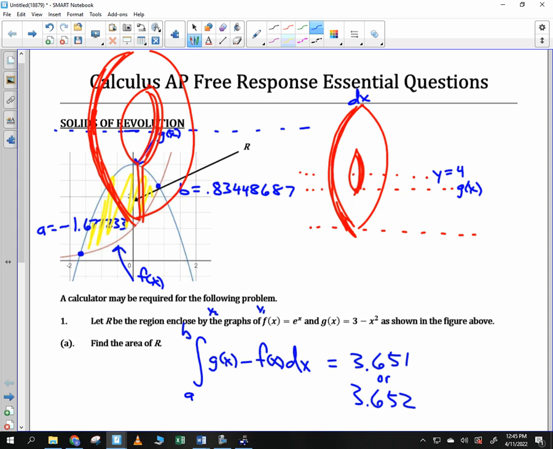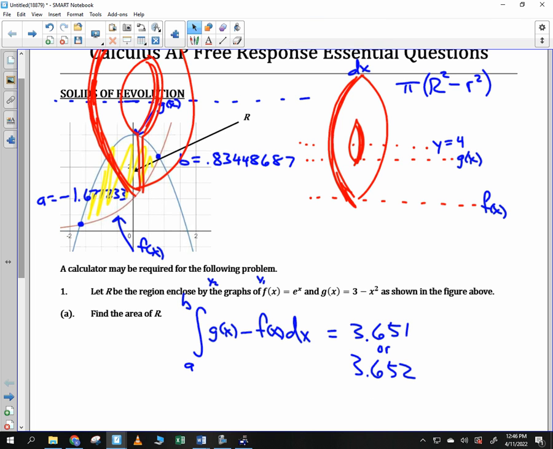G of x. And then what makes up the bottom? F of x. So what's our formula for a washer? Pi times big R squared minus little r squared. Good.